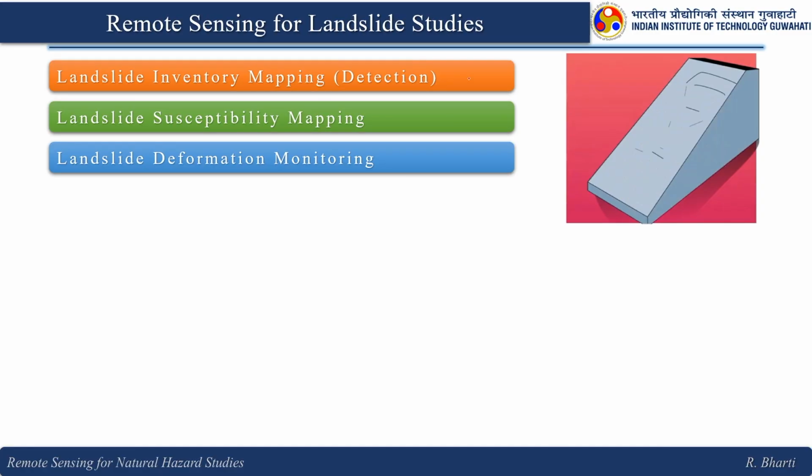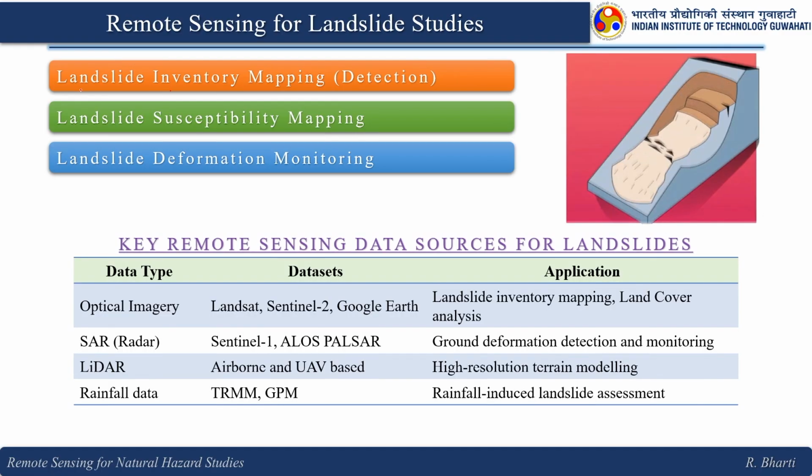Now, we will move forward to remote sensing for landslide studies. So, here there are 3 different categories. The first one is landslide inventory mapping, that is your detection. If you remember, when a landslide occurs, the pre and post information is very crucial. So, when we want to do any analysis, the first thing is to detect the landslide.